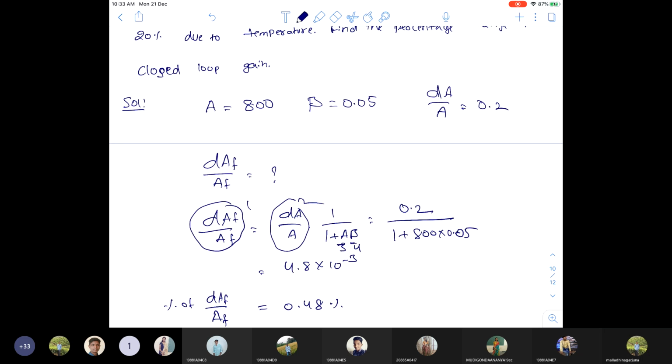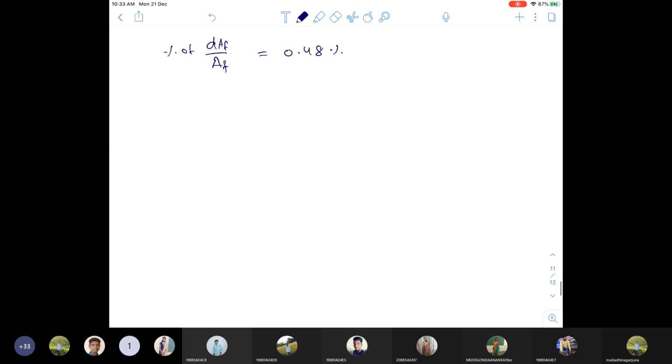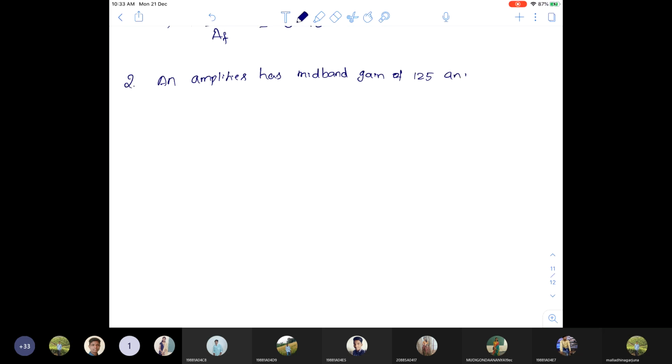So the next problem. An amplifier has a midband gain of 125 and a bandwidth of 250 kilohertz.